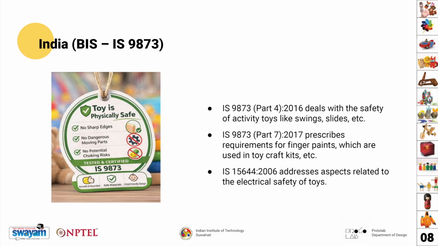It is based on the developmental characteristics and typical play behavior of children in various age ranges. The standard helps manufacturers assign suitable age labeling and design configurations that align with physical, cognitive, and emotional capabilities of children.